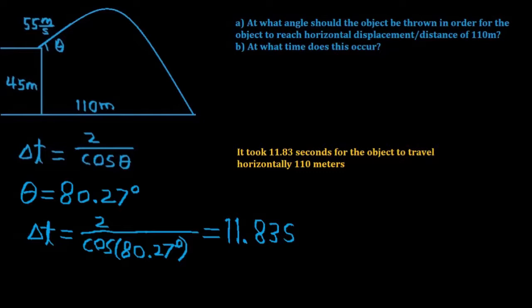When we plug in 2 over cos 80.27 degrees, it gives you 11.83 seconds. So 11.83 seconds for the object to travel horizontally 110 meters.